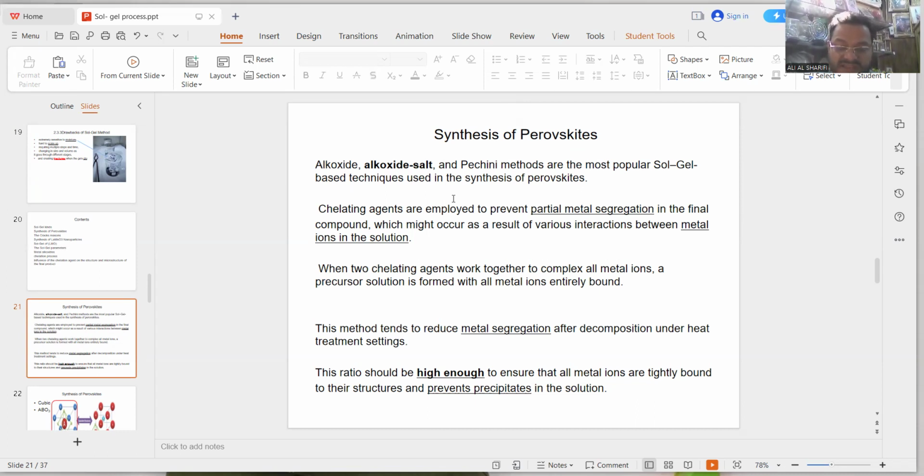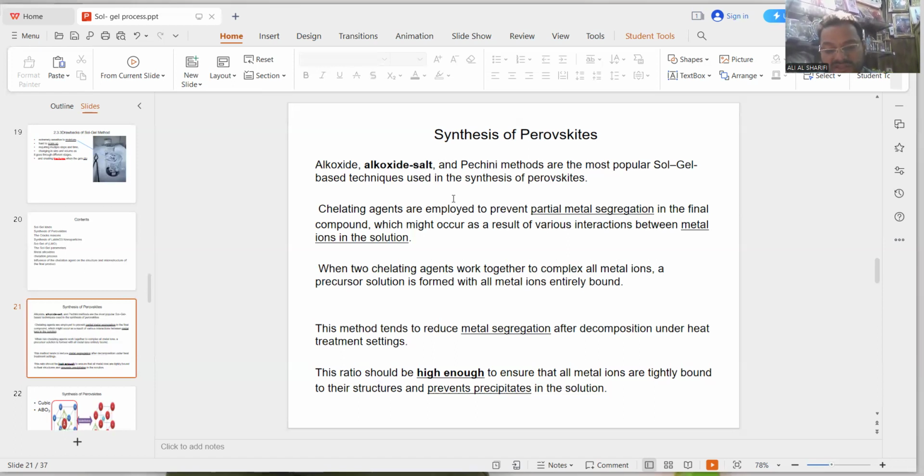That means we can say the gelating agent acts as a glue to be sure all the metal ions are bonded strongly with each other. This method tends to reduce metal segregation after decomposition under heat treatment. This ratio should be high enough.